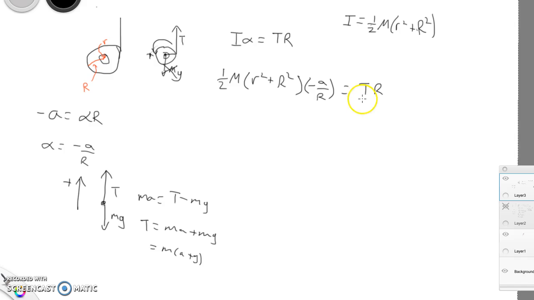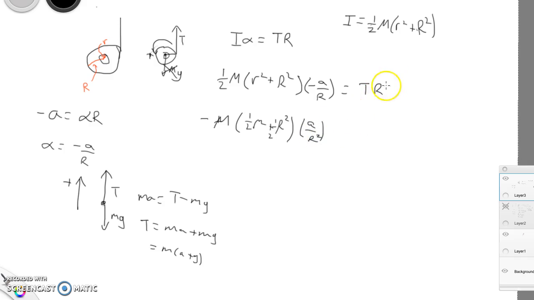So we're going to put that in here for T. We have 1/2, and I'll distribute the 1/2 over. So we have M times 1/2 little r squared plus 1/2 big R squared. We put the negative in the front, A over R. Let's divide the R over 2.